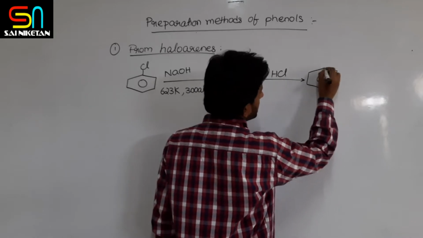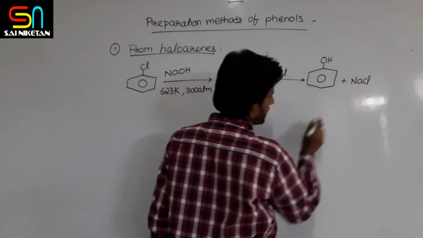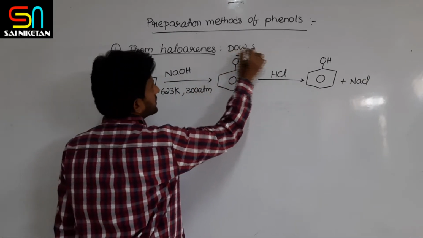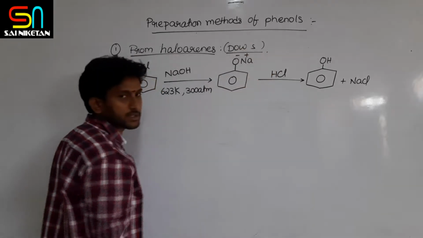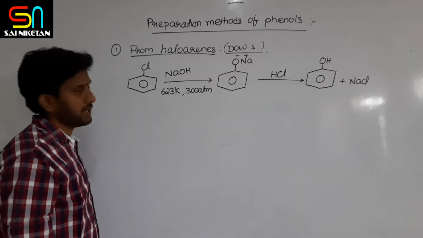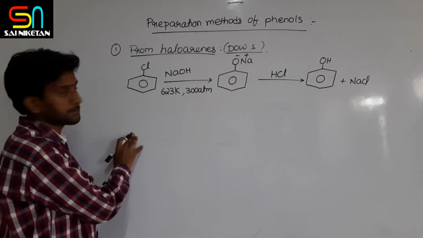So this method of preparation is also called Dow's process. Industrially it is used for synthesis of phenol from haloarenes. Okay, this is one method of preparation.